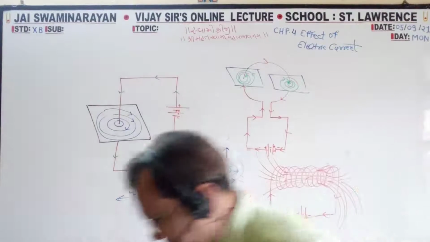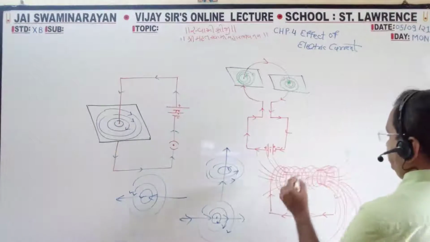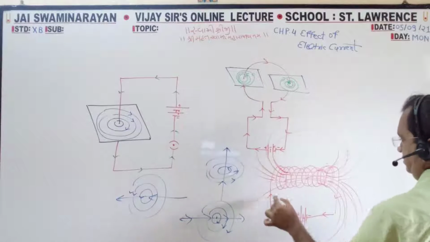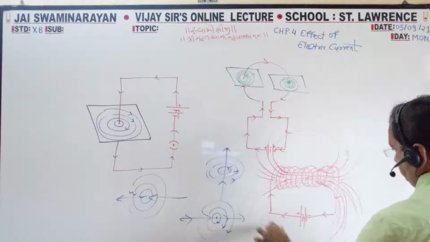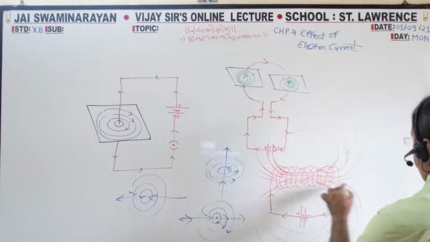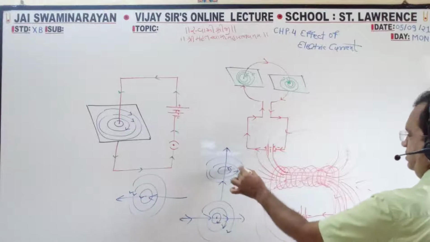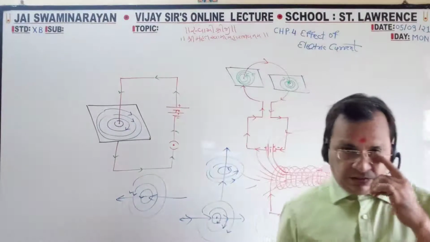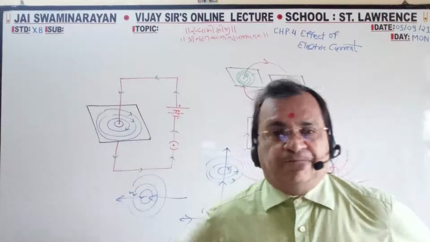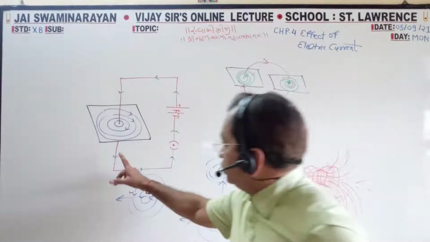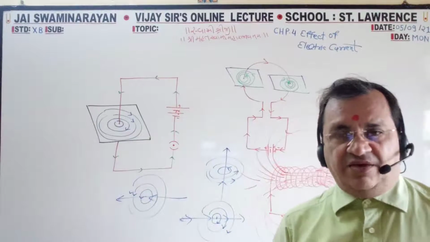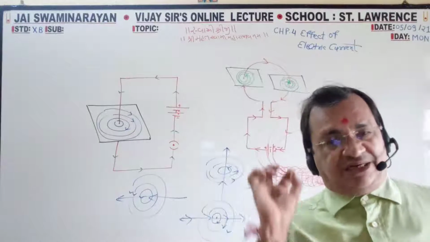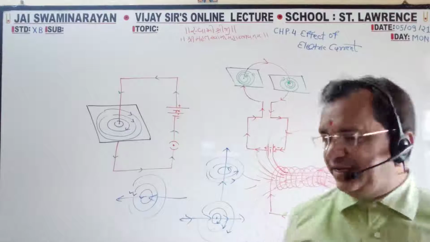So I am not complicating this. So this will be like this. This will be like this. Through a single wire, we have seen the relation of the direction of the conducting wire and the magnetic field direction.